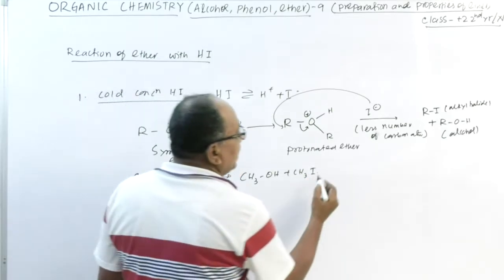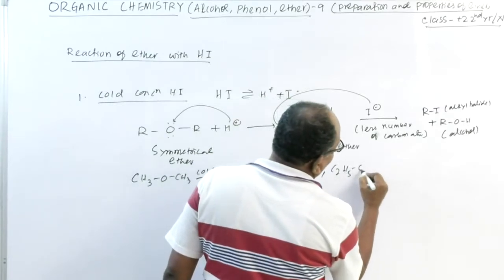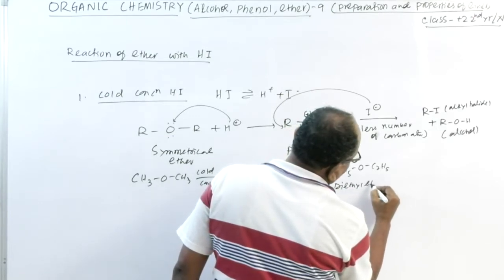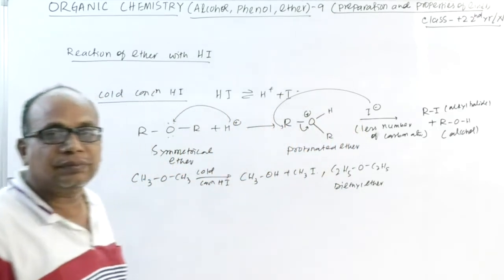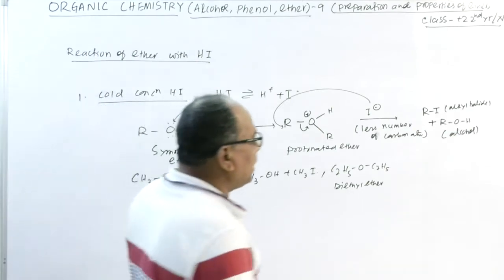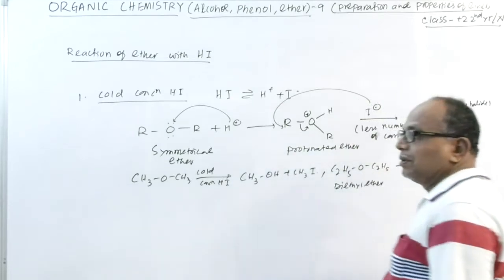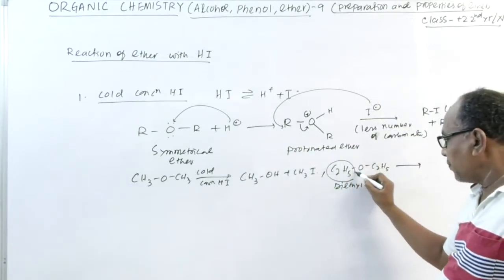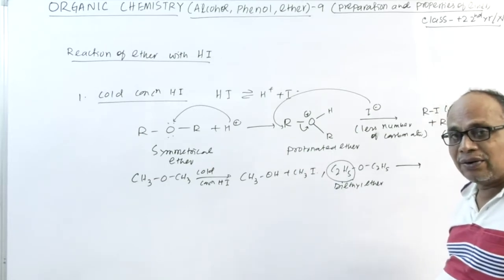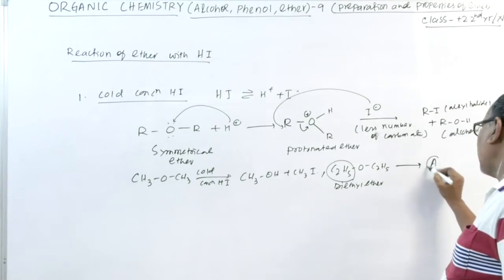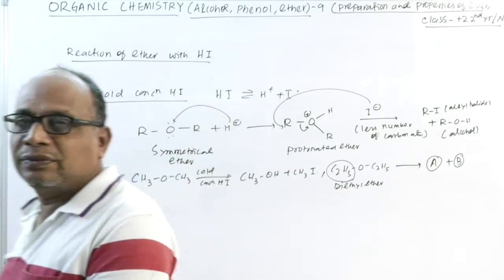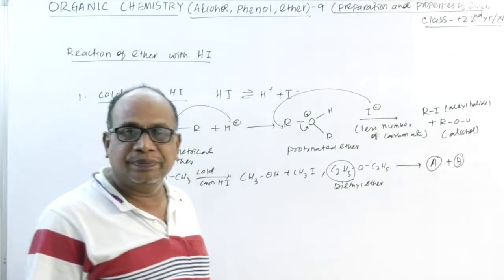Suppose you take diethyl ether, that is C2H5OC2H5. What product will you get? Can you write? You get a molecule of ethyl iodide and another molecule of ethanol, or ethyl alcohol. You can write what is A, what is B.